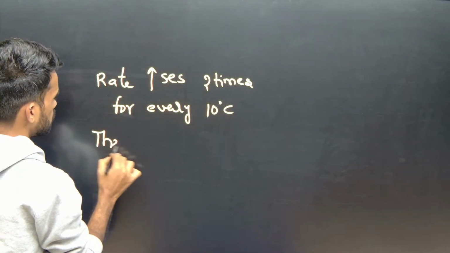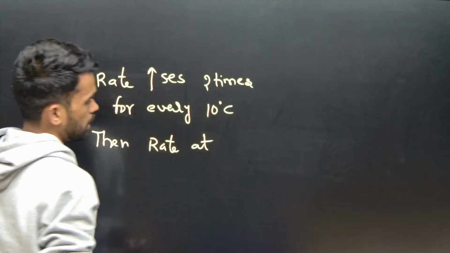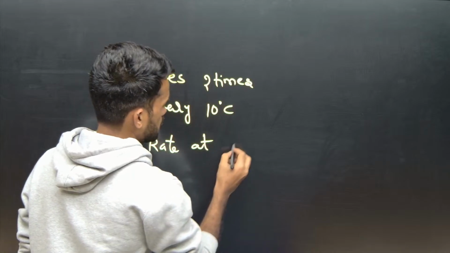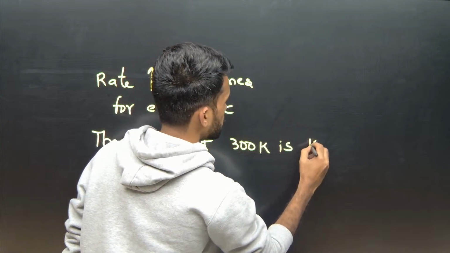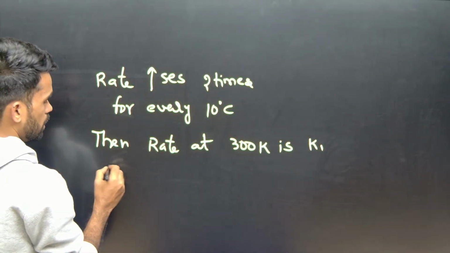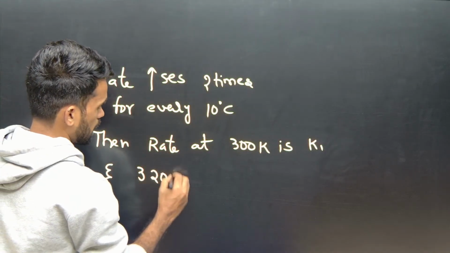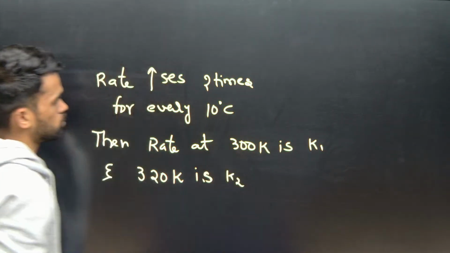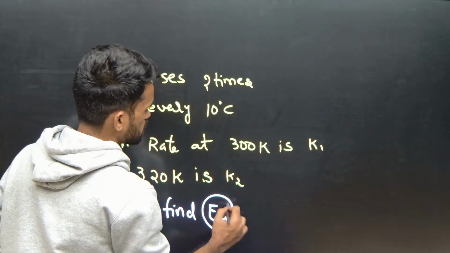Then the rate at 300 Kelvin is K1 and at 320 Kelvin is K2. So K2. Then find the activation energy for this particular reaction.